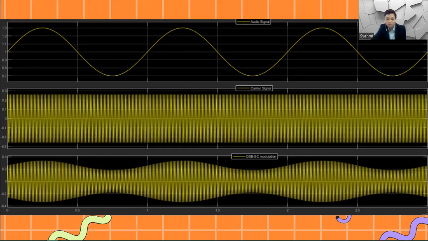The process of DSB modulation we can summarize as follows. First, the message signal is multiplied by the carrier signal using a mixer or multiplier. In this case, I use a multiplier. This multiplication results in the shifting of the message signal spectrum to both positive and negative frequencies, creating the upper and lower bands. Then the carrier signal, which is initially at a much higher frequency, is suppressed or removed from the modulated signal.